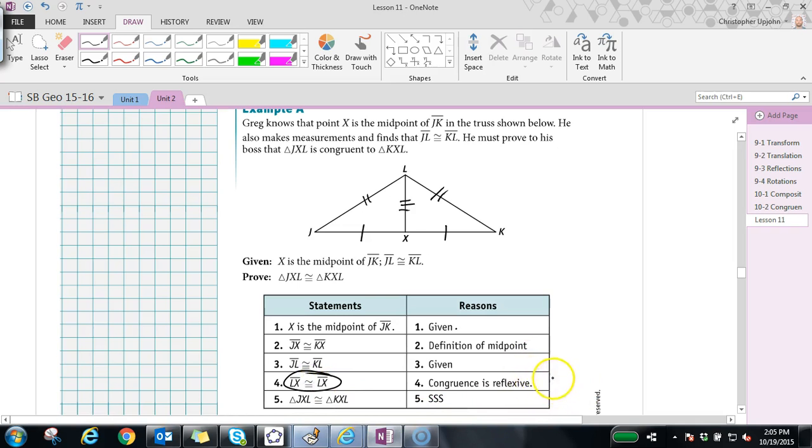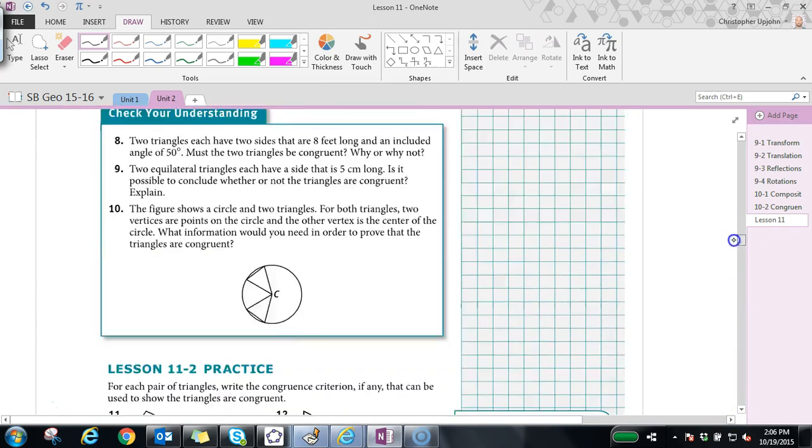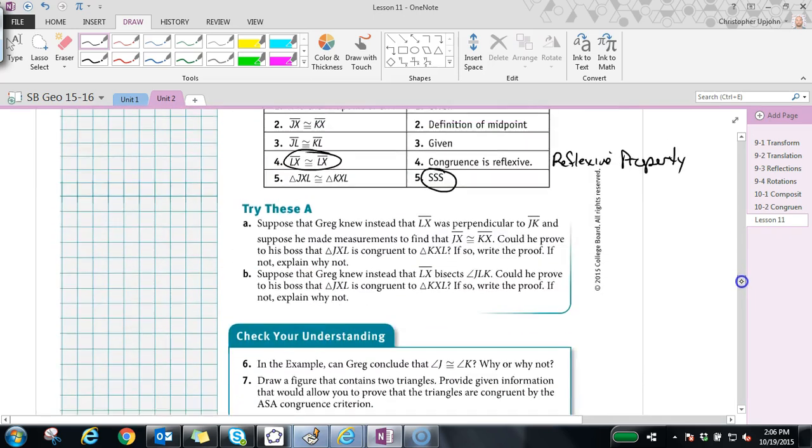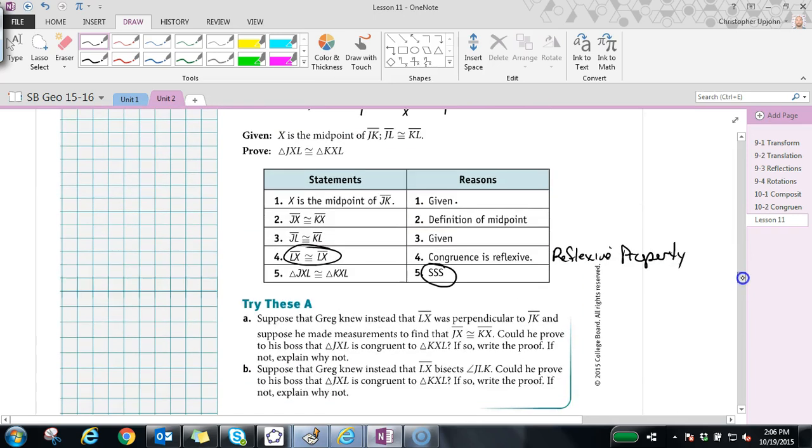They say congruence is reflexive. I like reflexive property because that's what we learned back in Unit 1. And then these two triangles are congruent by side, side, side. So it's just putting it in form, the same thing that we did here on page 153. So the next page, same idea, 158.